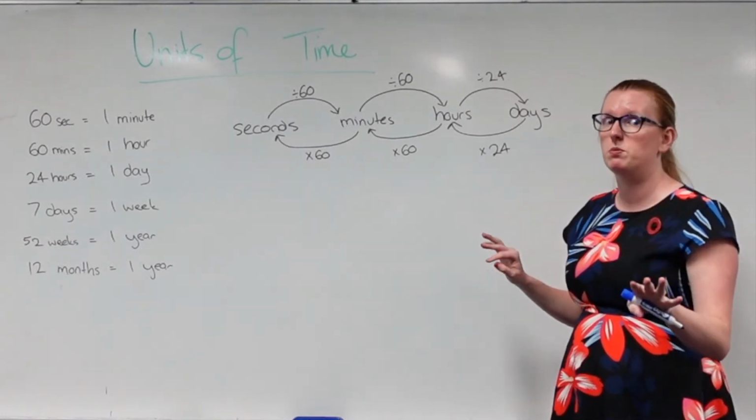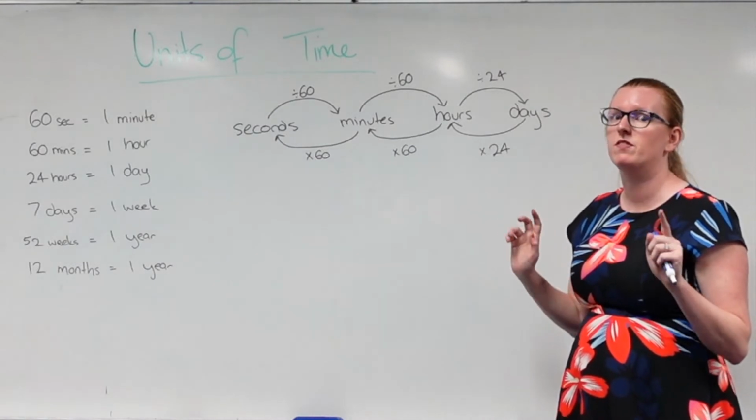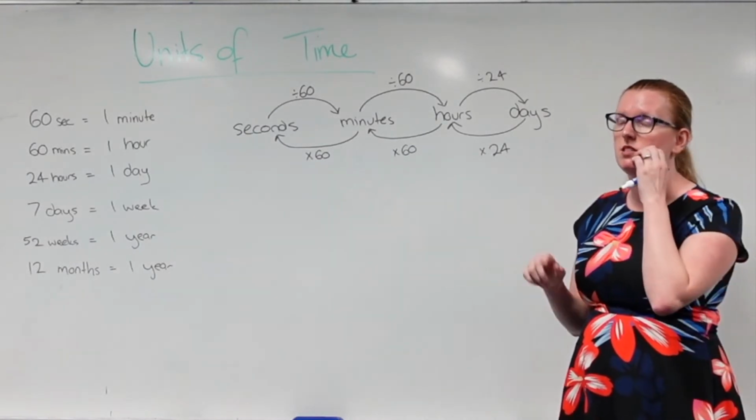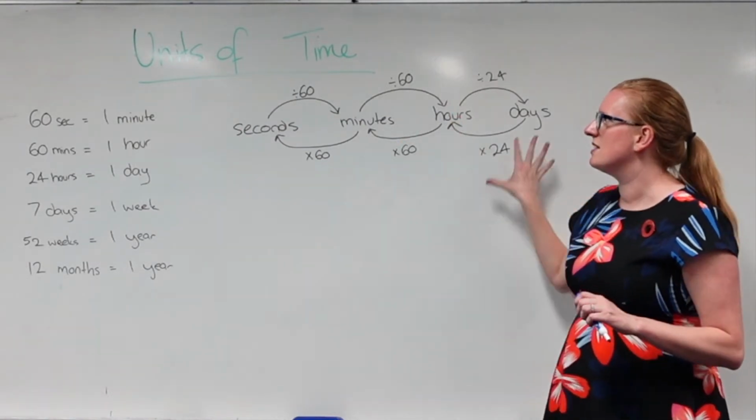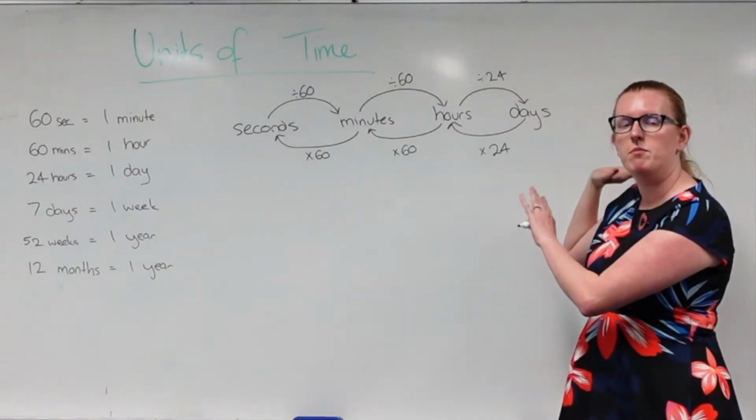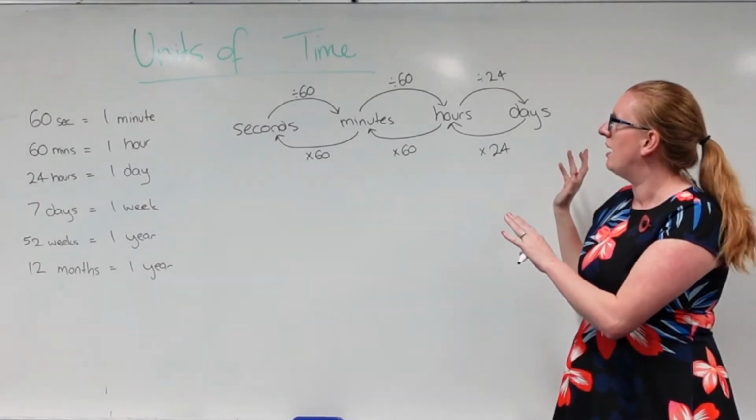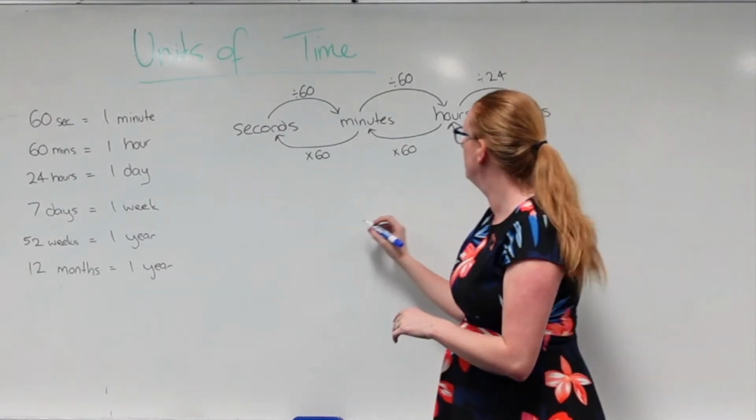Super useful, super important, especially if you end up going to TAFE to do a trade of some kind. You definitely need to know it. Okay, anyway, so using this particular diagram, that is how we can do questions such as this.